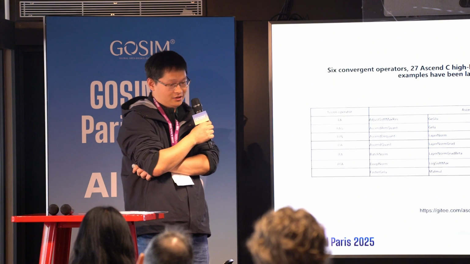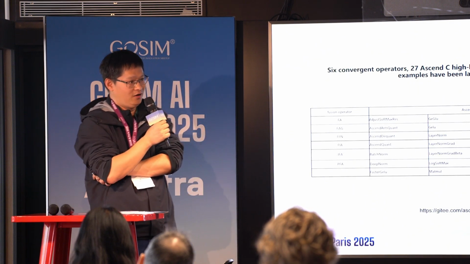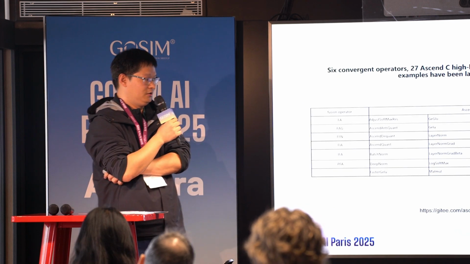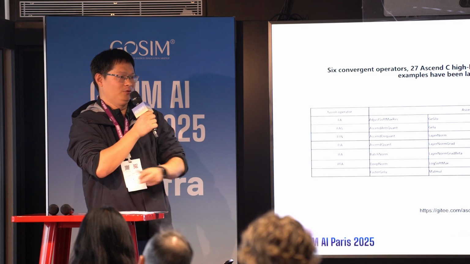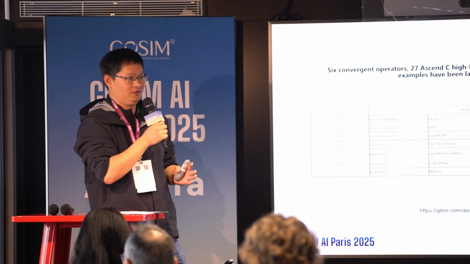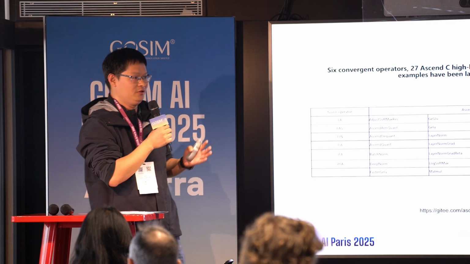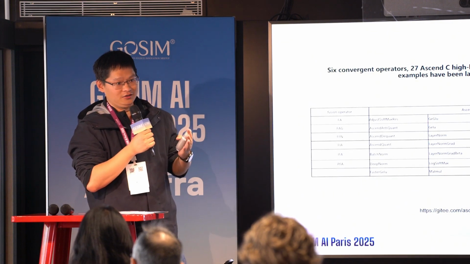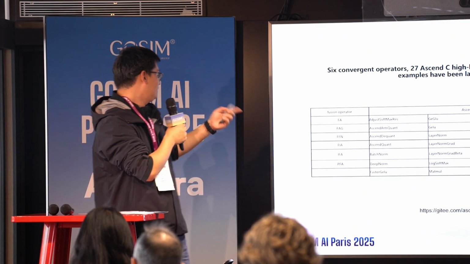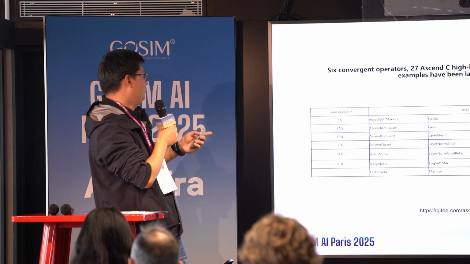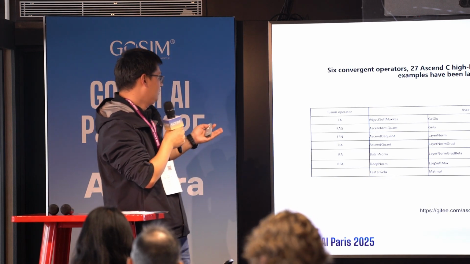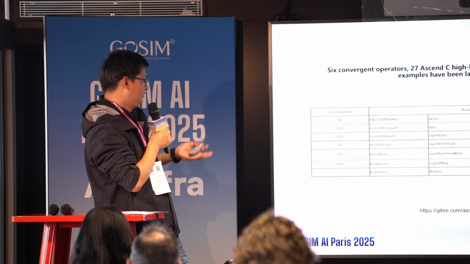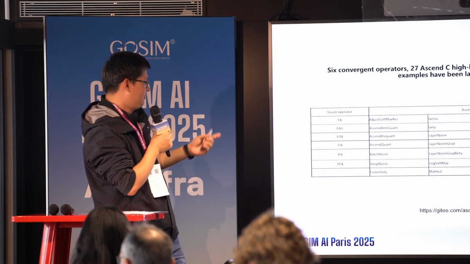So in this case, we can provide all the operators the models need, so that for different kinds of large language models or the incoming models, the models can be run on Ascend directly. So this table shows some examples. For example, the flash attention, the page attention, and so on.